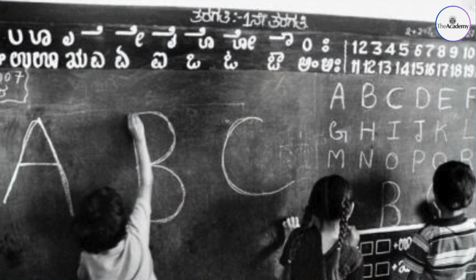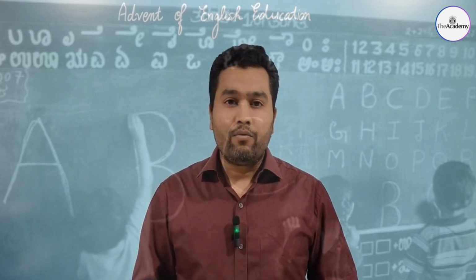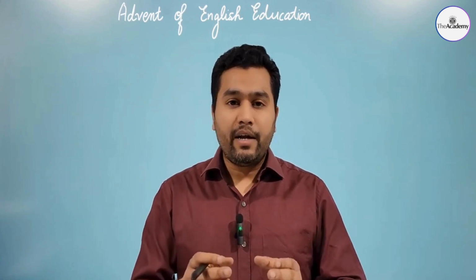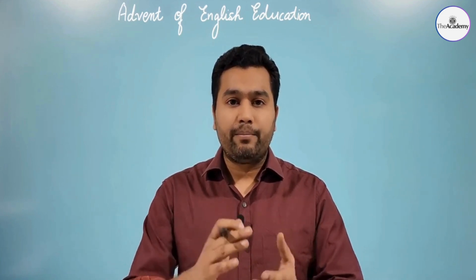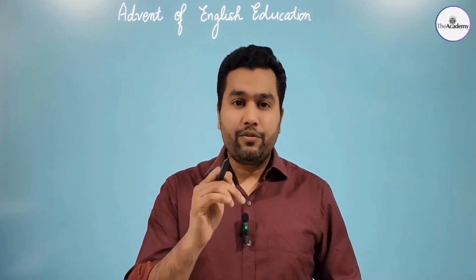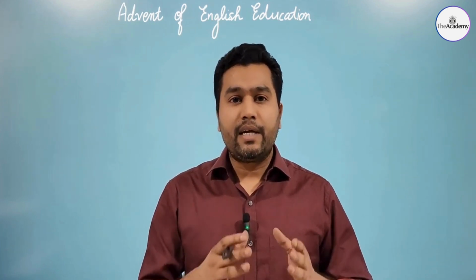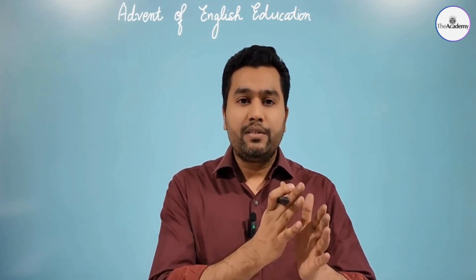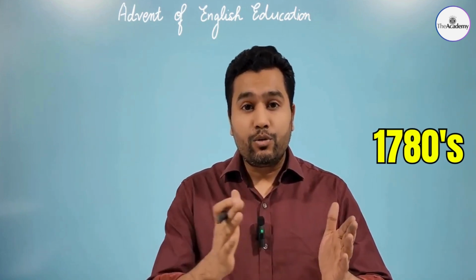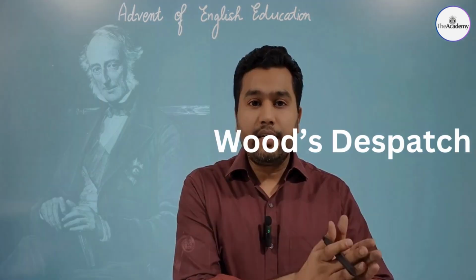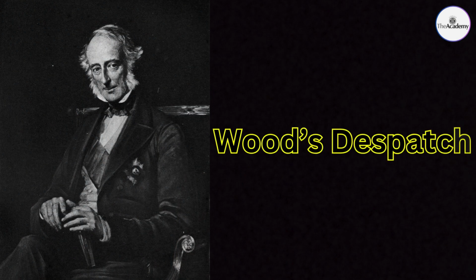English education in India was introduced gradually and it transformed over a period of time. Its first phase can be considered as the time period between 1780s to 1857, from Orientalism to Wood's Dispatch.